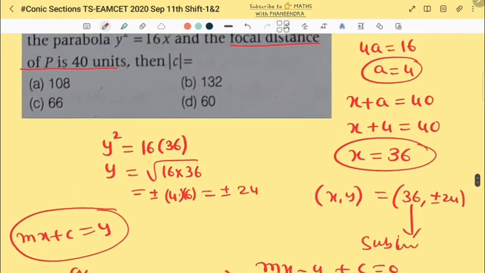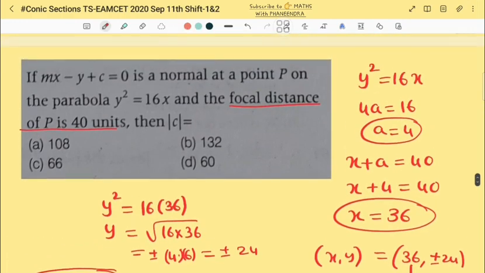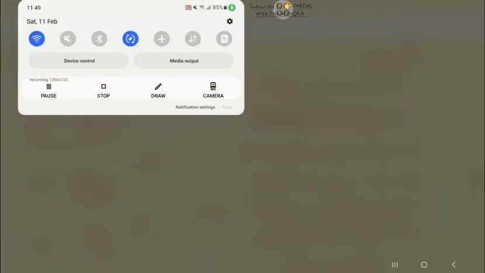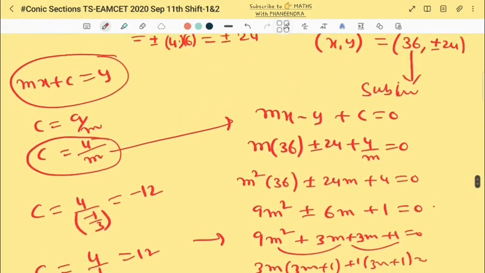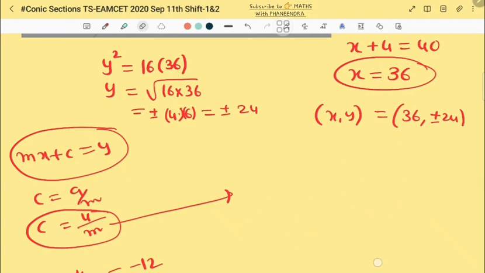So is there an option for the c value? Plus or minus 12 is not there, we will see it. So here, dear students, after getting the point we can do another way also, just verifying.